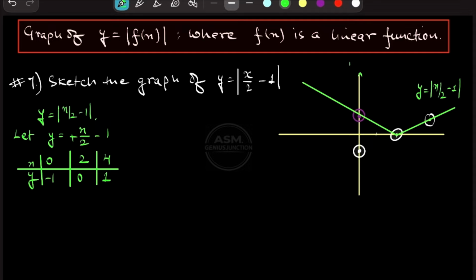This is your y-axis, this is your x-axis. Put it as x dash, make it as y dash, put 0 comma 0, that is the origin. Okay, so let's move on to the next part.